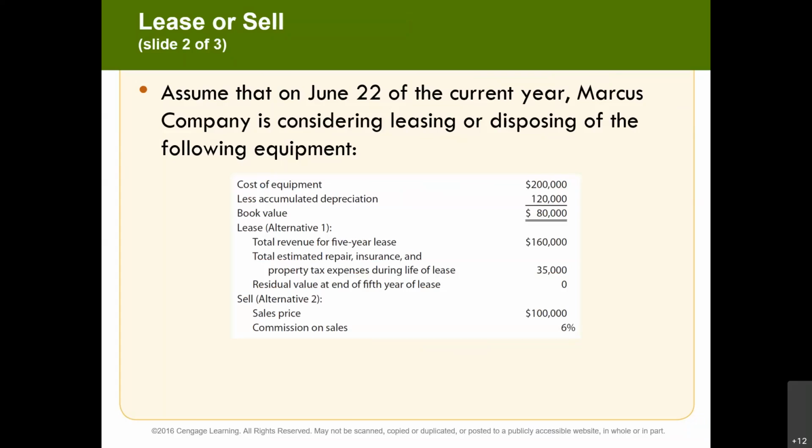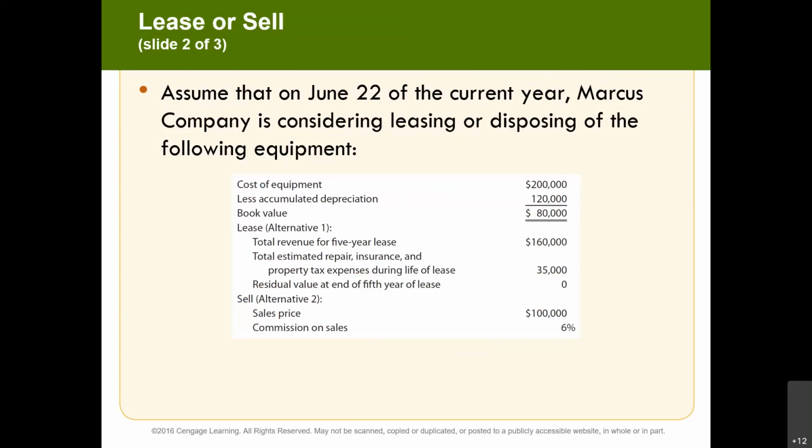In a lease situation, we don't really look at depreciation as much as we do the associated costs with it. The reason being is because in a lease, you technically don't own the equipment, so therefore you can't depreciate it. You can only expense it out.